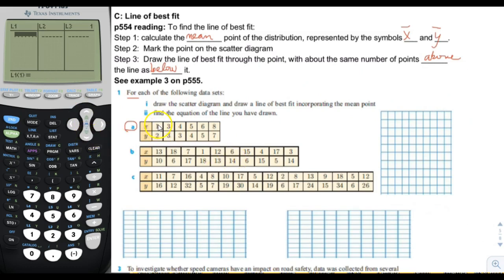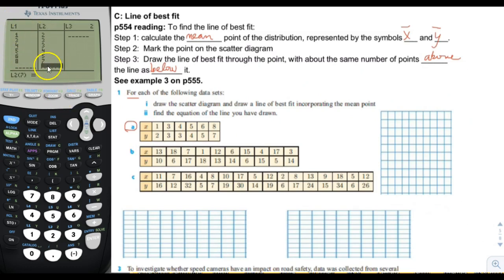Okay, and I'm going to put the x data here on the left, 1, 3, 4, 5, 6, 8, and my y data I'm going to put in L2, 2, 3, 3, 4, 5, 7. So as you can see, I have put my data in here. The L1 are the x coordinates and L2 are the corresponding y coordinates.